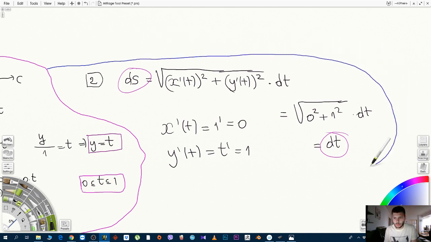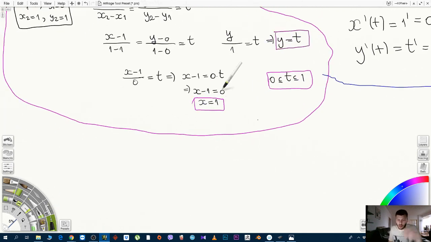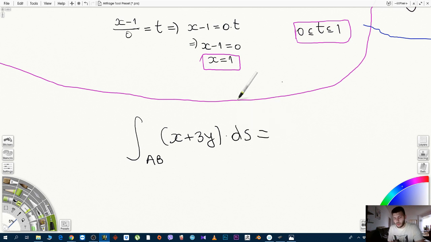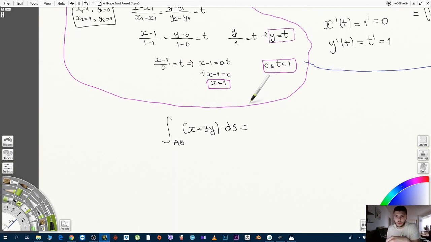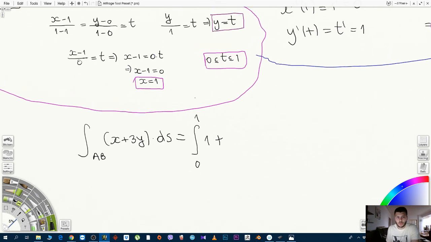And the third step will be to plug in everything that we have. Integral over BC of x plus 3y times ds is equal to ordinary integral with boundaries 0 and 1, where x is equal to 1 and y is equal to t, times ds, which is equal to dt.